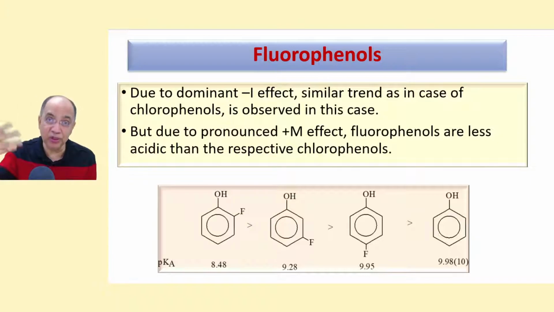Chlorophenols are more acidic than fluorophenols on a respective basis, ortho, meta, para. It is because the small size of fluorine gives it some plus M character.